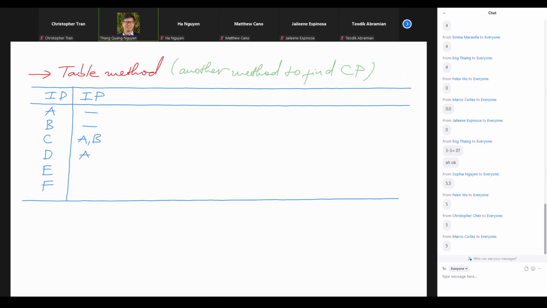Before E, or catering, we need to know the date. And we also need to know how many guests there would be, so A and C. And finally, before F, we have the entertainment and the catering, right? So those are the prerequisites, or the requirement right before the activities that we are looking at. So that's the second column.